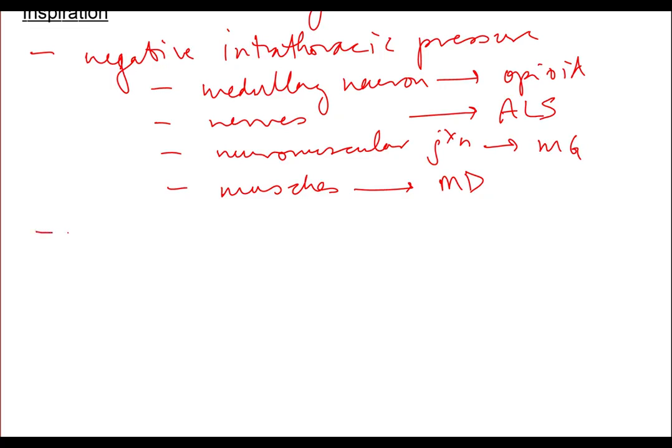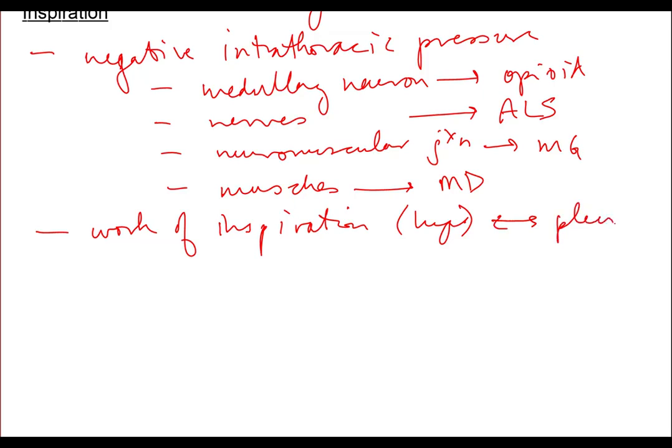When we talk about the work of inspiration, we're really talking now not about the chest wall so much as we're talking much more about the lung itself. And remember, the chest wall connects to the lung across the pleura. And so having a vacuum between the visceral and parietal pleura is implicit in creating that negative intrathoracic pressure to open the lungs up.